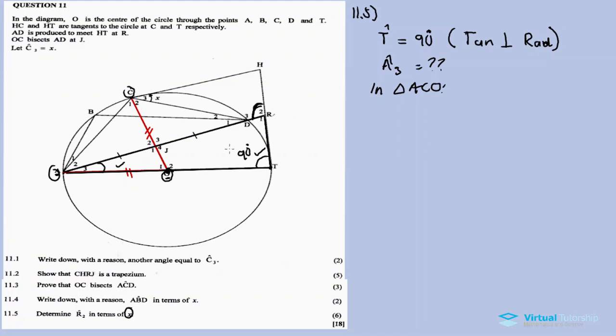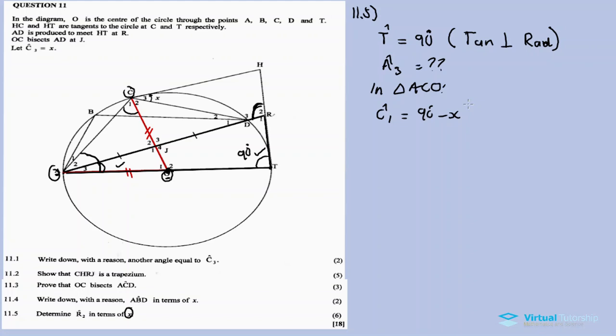In this triangle we have an isosceles triangle. Now in an isosceles triangle, I know the angles at the bottom are equal to each other. So angle C1, which was calculated in the previous question, we found that it's 90 degrees minus x.